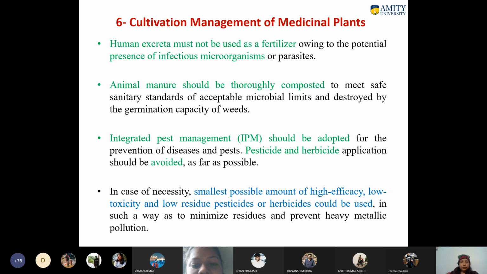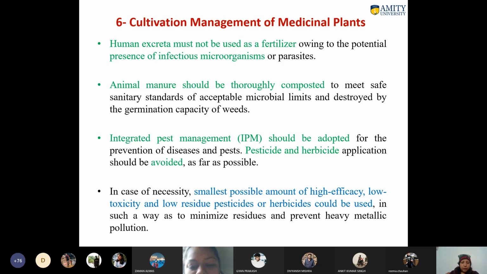Integrated pest management should be adopted for the prevention of disease and pests. Pesticides and herbicides application should be avoided as far as possible. In case of necessity, the smallest possible amount of high efficacy, low toxicity, and low residue pesticides or herbicides could be used in such a way as to minimize residue and prevent heavy metallic pollution.